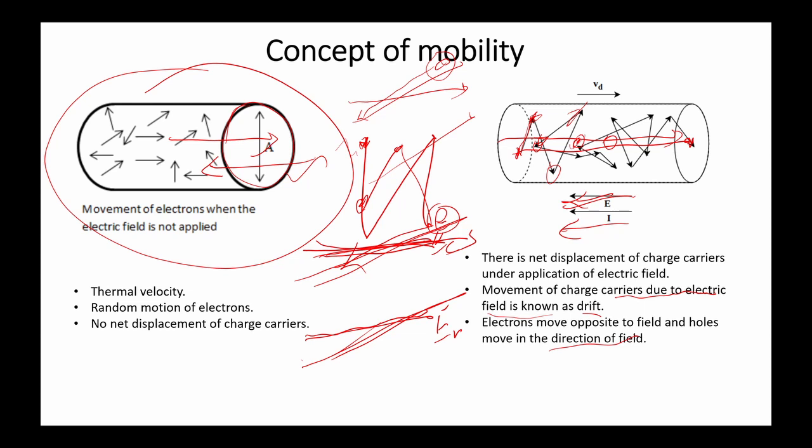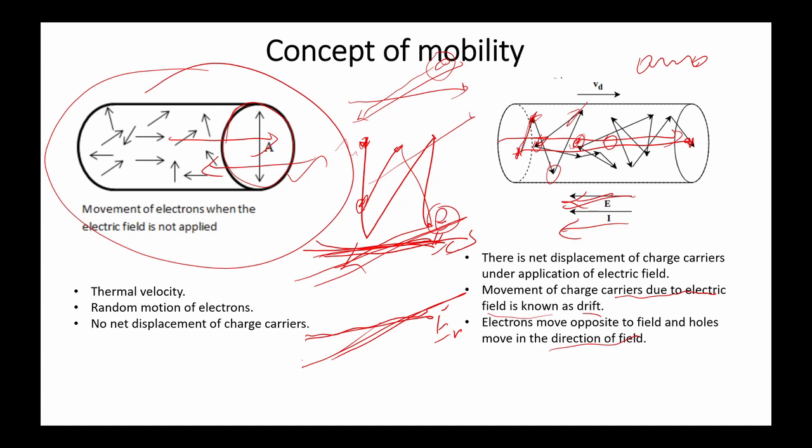These atoms are vibrating because of the thermal energy. They can be thought of as, like, this is an atom, this is an atom, and there is a spring kind of thing connecting them. So they will be vibrating like this, or they can vibrate up and down, or be of any type.